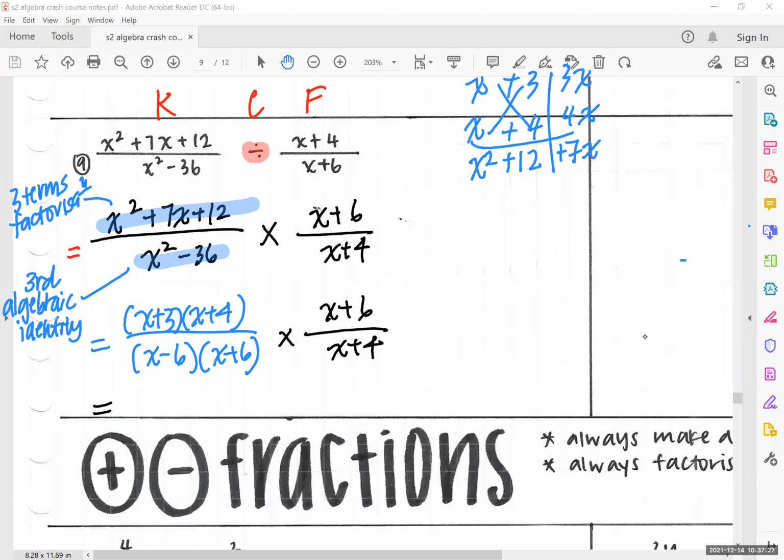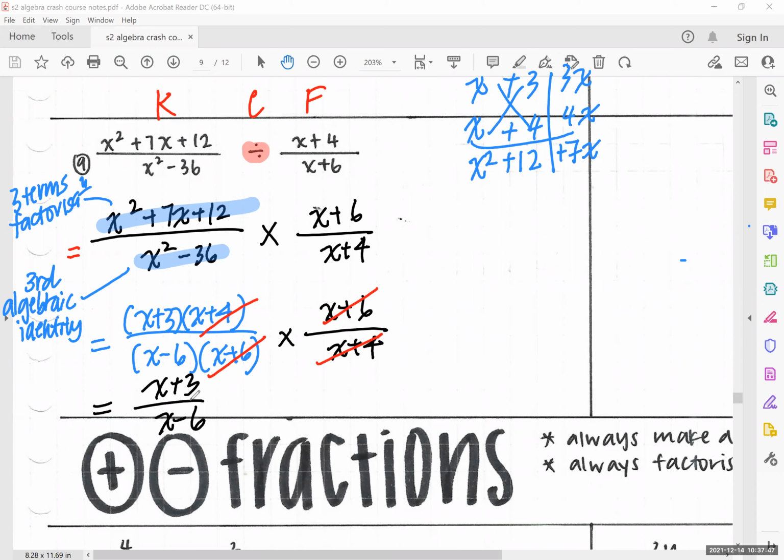You all get the same answer as me. Yeah. Whereby, can you see this is x plus 3, x plus 4, x minus 6, x plus 6. Then from here, you can change pen color, cancel, cancel, cancel, cancel. And at the end of the day, the answer is just x plus 3 over x minus 6.